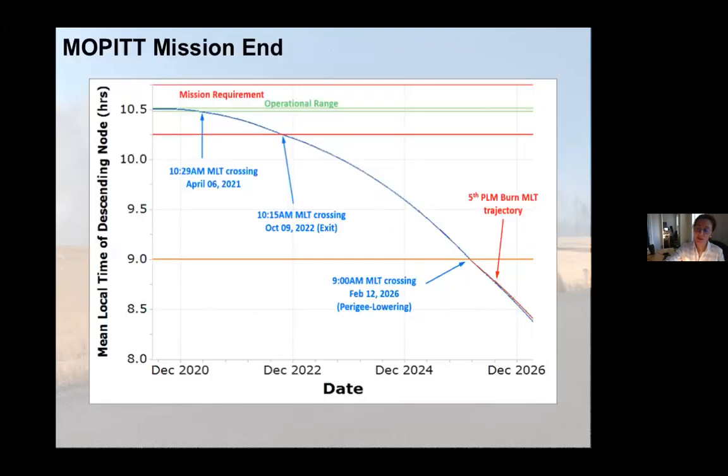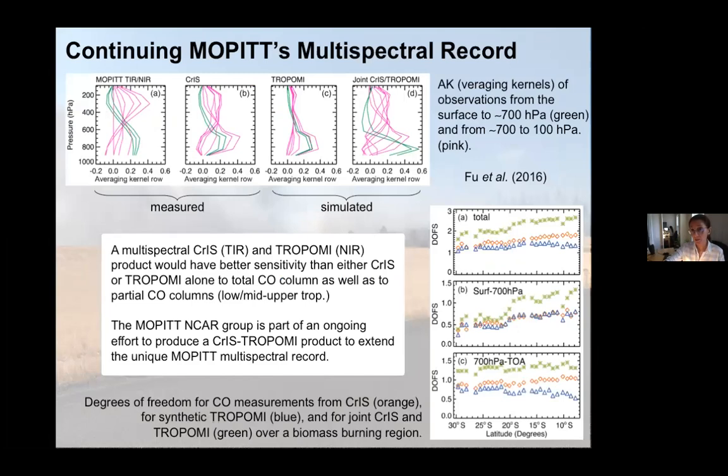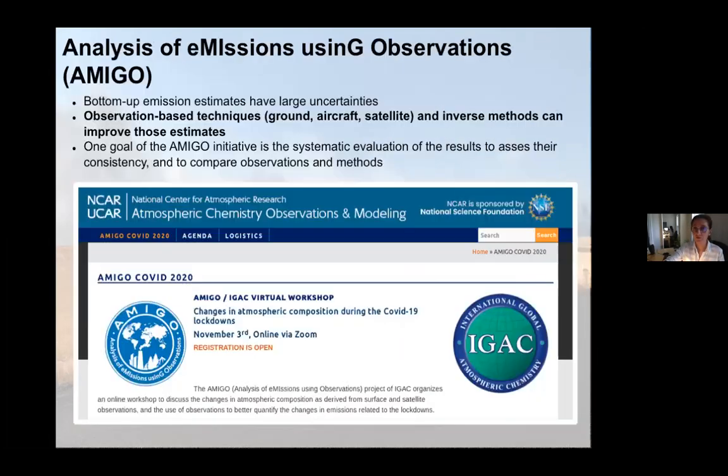MOPITT, unfortunately, is not going to last much more, a couple of years longer, and we are going to be out of the constellation and not working anymore in this wonderful data set. But hopefully, at some point, we'll be able to simulate multispectral retrievals using data from CRIS and TROPOMI with extra sensitivity at emissions near the surface.